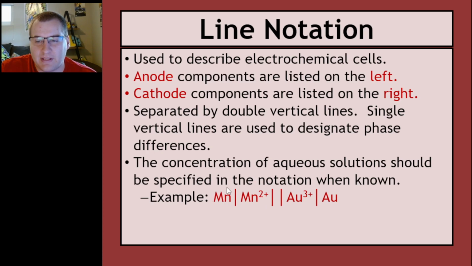So this thing should be losing electrons or getting more positive. Write that on the left side, separate them with a double line in the middle to represent that this is the other part of the battery now. And you put the cathode on the right. So you put the reduction step, Au3+, gaining electrons to become neutral Au, neutral gold, on the right.